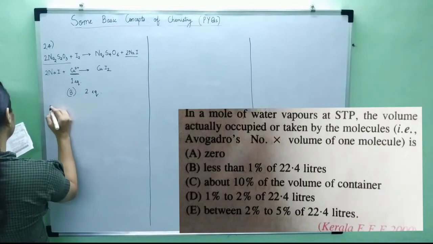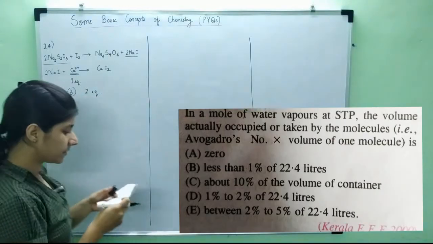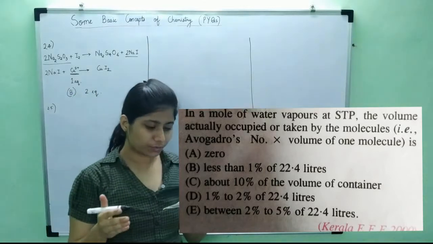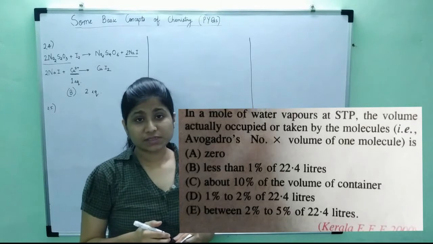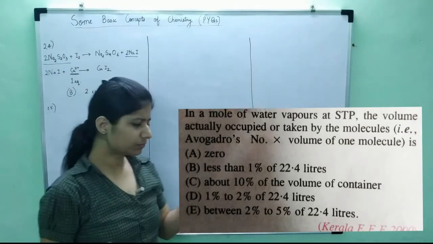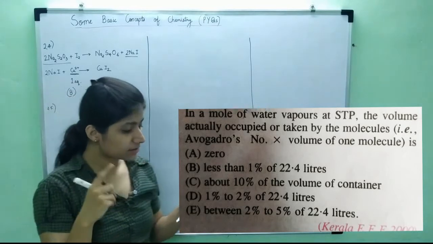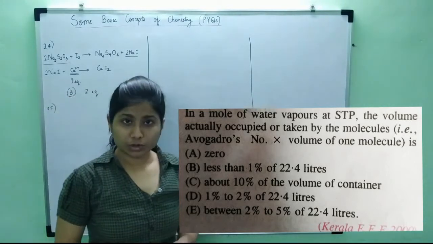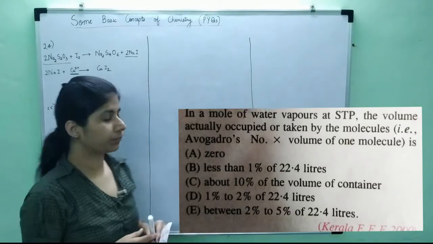Next question: in a mole of water vapors at STP, the volume actually occupied by the molecules is, in terms of percentage. What is actually asked? By one molecule, how much is the volume occupied? One molecule of water.